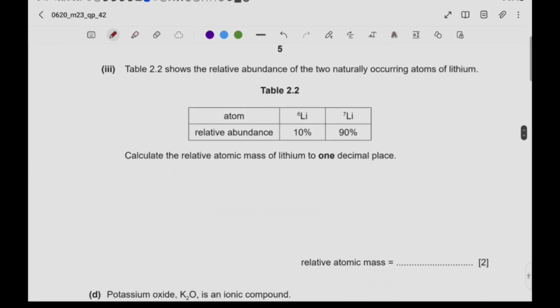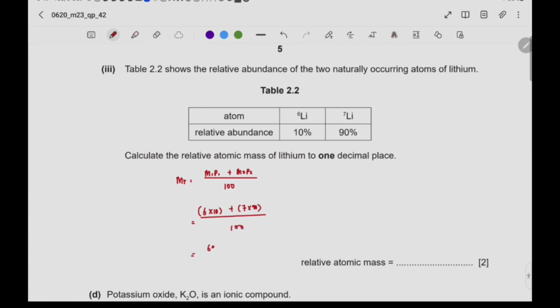Okay, for the relative atomic mass, it's very simple. The relative atomic mass formula is mass 1 times percentage abundance 1, plus mass 2 times percentage abundance 2, divided by 100. Divide by 100 because the percentages add up to 100. So you can see 6 times 10 plus 7 times 90, divided by 100.